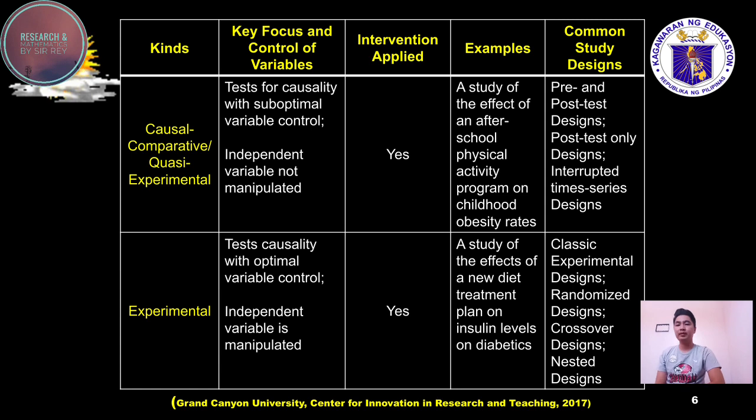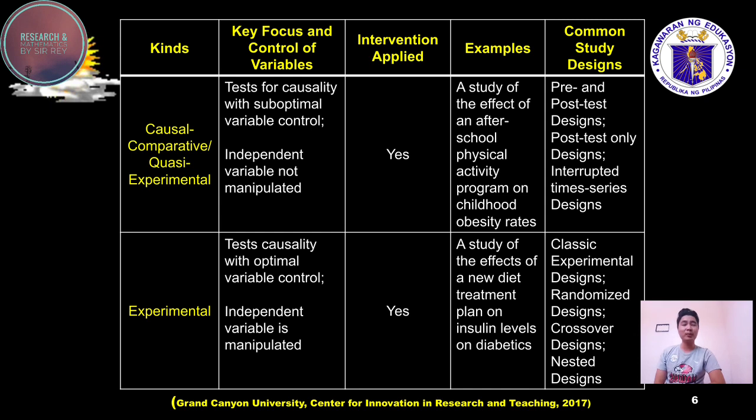Alright. So, we now have the third kind, which is the causal comparative, or otherwise known as the quasi-experimental design, or quasi-experimental research. So, the key focus for this type of design is it tests for causality with suboptimal variable control, independent variable not manipulated.